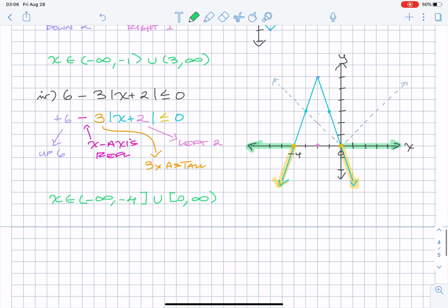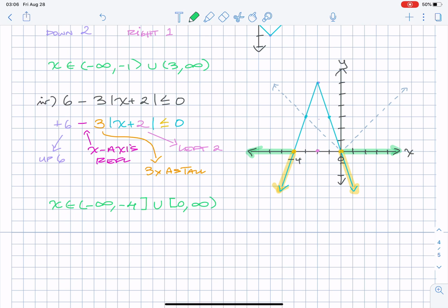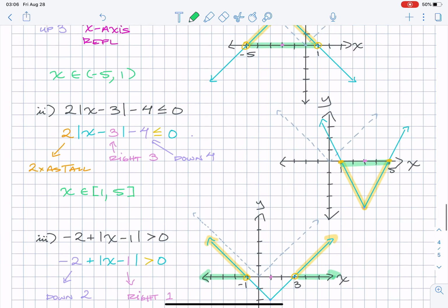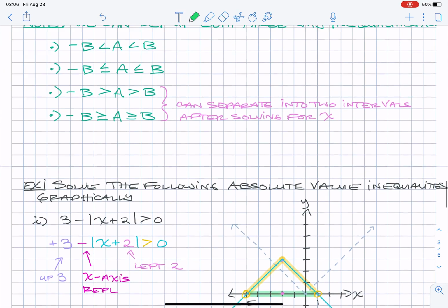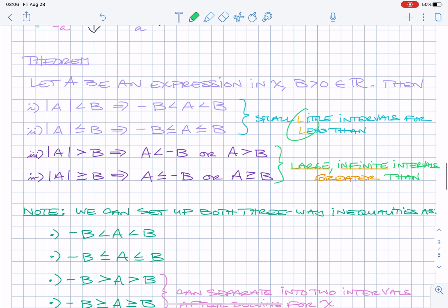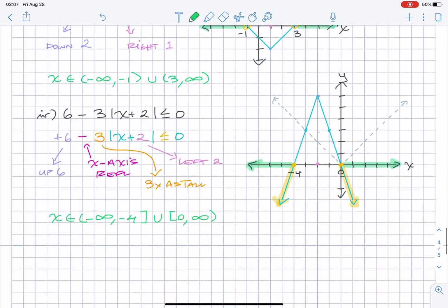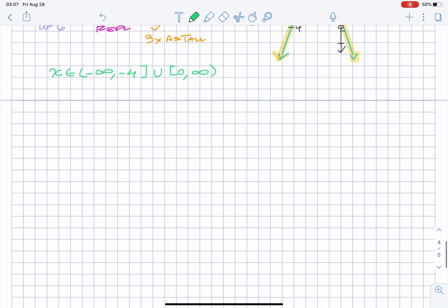Okay, and you might be asking, why is it that this less than went off to infinity, and this greater than was a small little interval, given what I said about little and less, and large and greater? Well, let's see. Why is that? So let's recall.